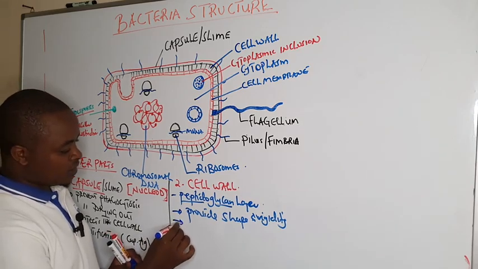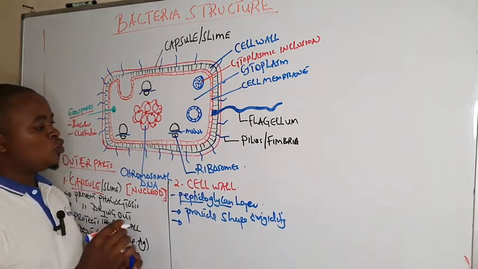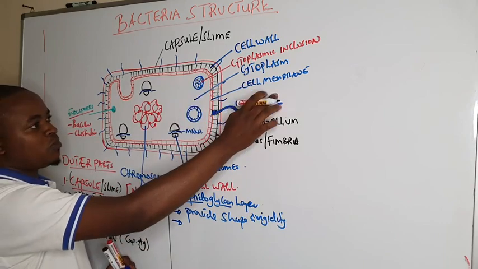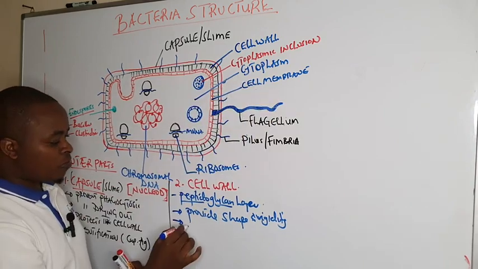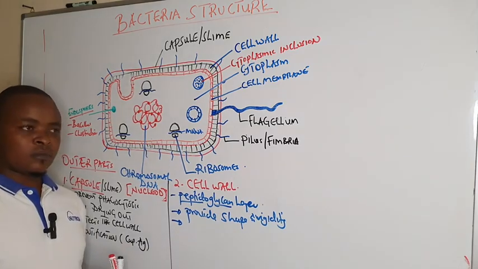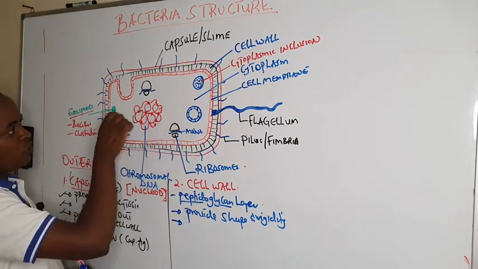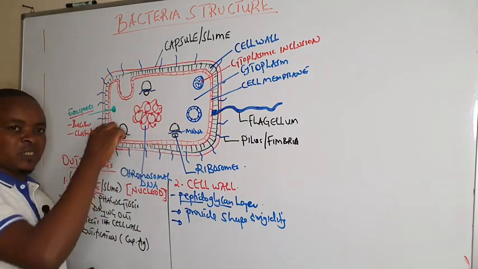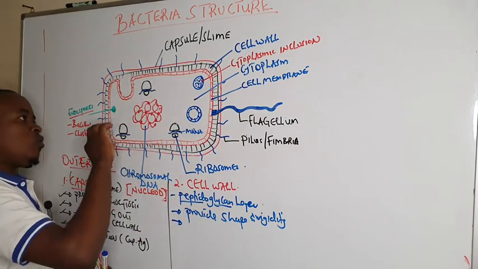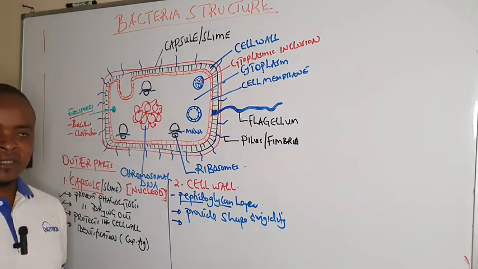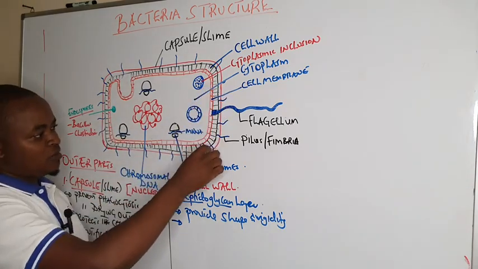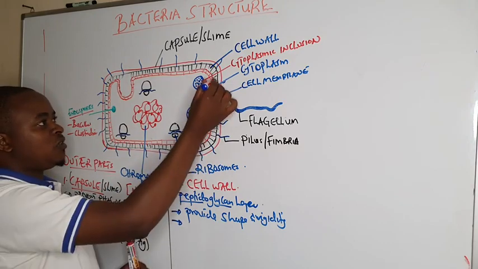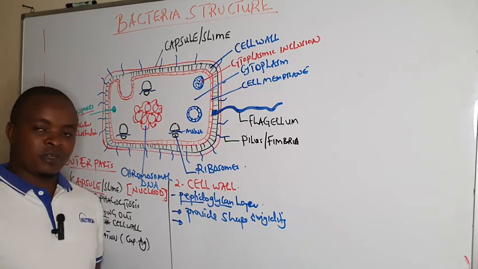Another thing, the cell wall is able to protect the cytoplasm or the cell membrane from osmotic stress. Because when there is creation of higher osmotic pressure, what prevents the bacteria from bursting is the presence of this rigid cell wall made up of the peptidoglycan layer.